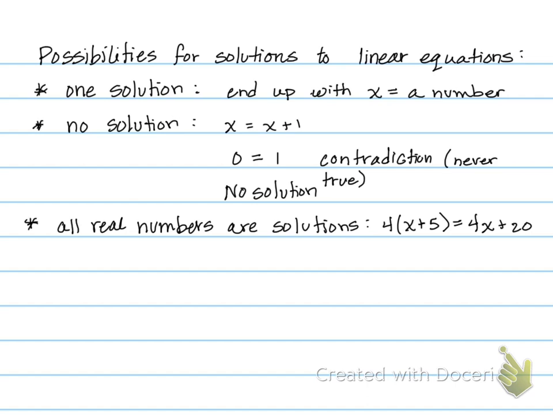I bother to say real numbers because when you start working with complex numbers, you'll want to differentiate between equations that have no real solutions and equations that have real solutions. You can have no solution at all, you can have no real solution, or you can have a real solution.